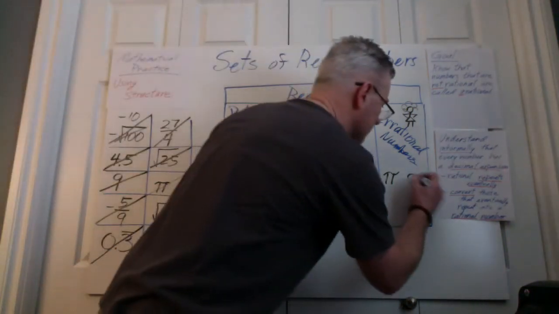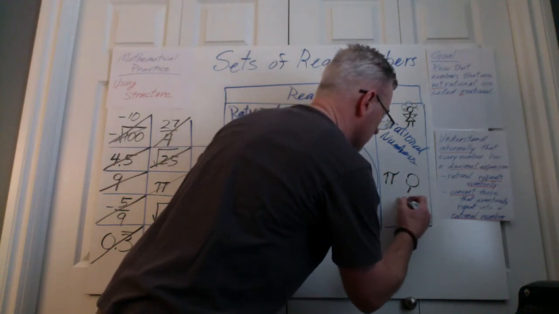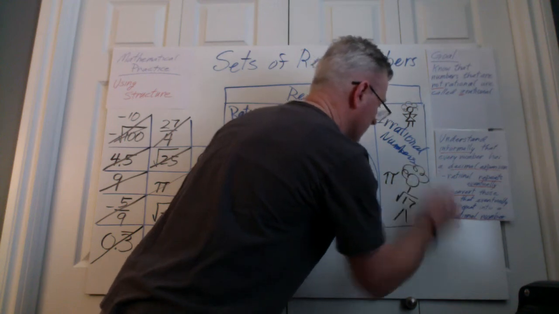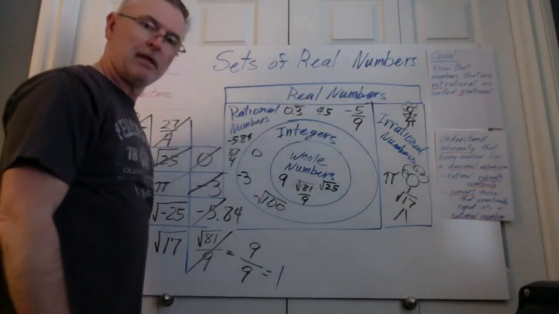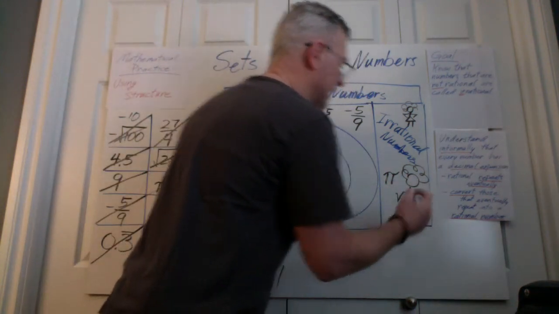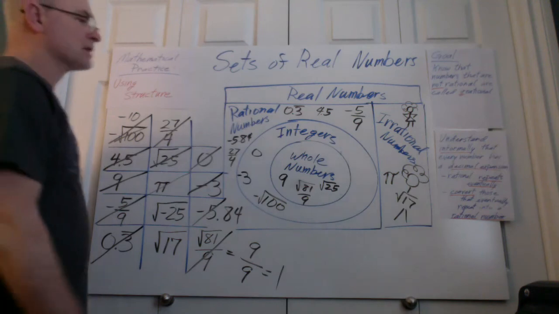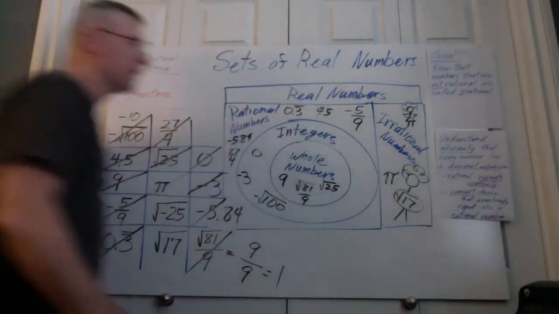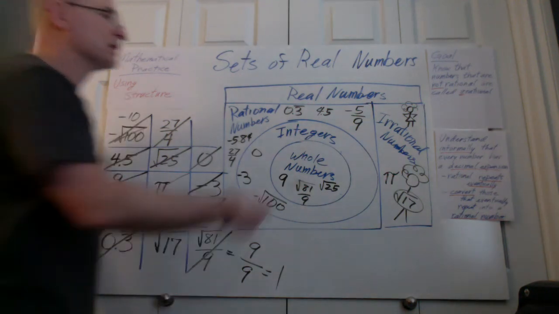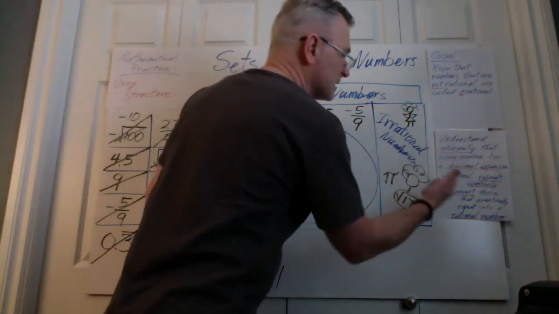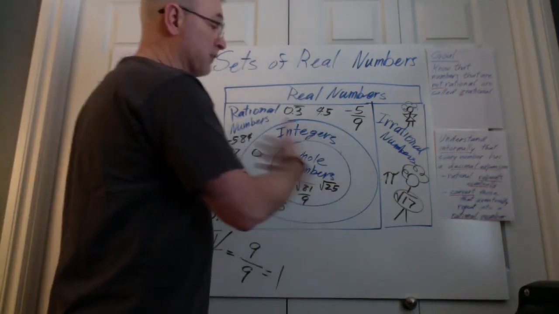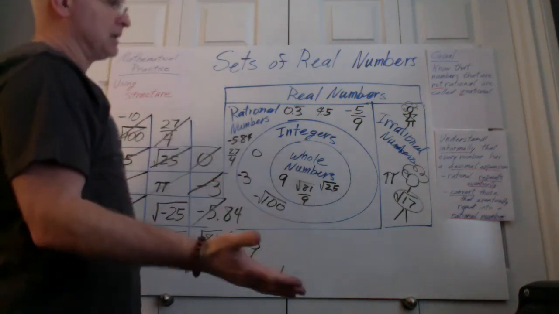It is an irrational number. It's just like your English teachers. The square root of 17 is an irrational number because when it is expanded decimally, it never quits and it doesn't repeat.